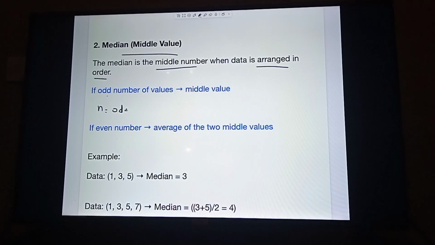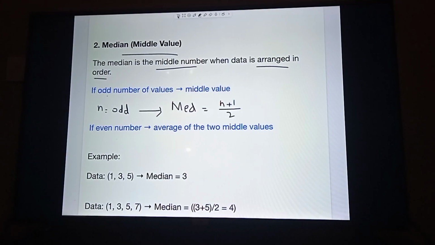An odd number may be 3, 5, 7, 9, 11 and so on. In this case, the median will be the (n plus 1) divided by 2 th value. This will give you the middle value.